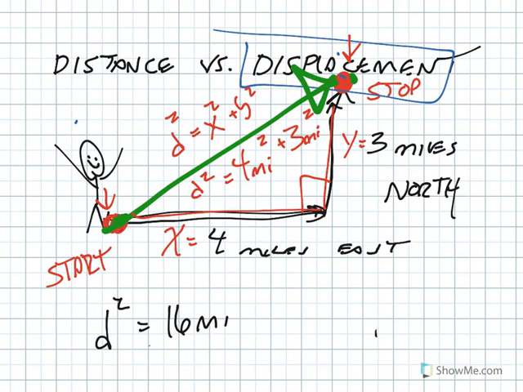So 16 miles squared plus 3 squared, which is 9, and you have to square the miles also. So 16 miles squared plus 9 miles squared. So d squared is equal to 16 plus 9. Oh, wait, that's 25 miles squared.